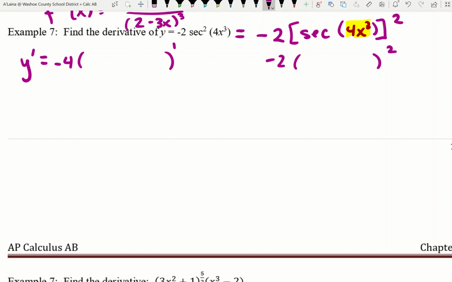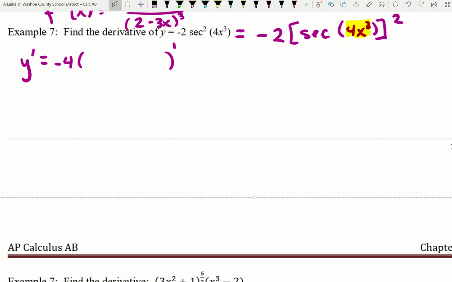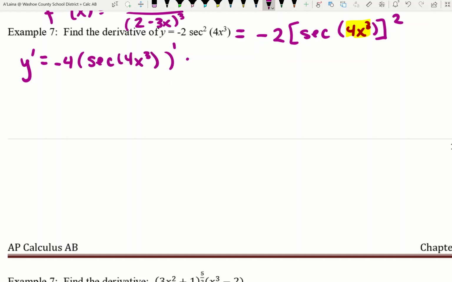Well, remember that you have to evaluate this derivative at the original inner function. And so at this point, the inner function, I have the entire inside here of secant of 4x cubed. Now I have to multiply this by the derivative of the next most inner function. So basically you're moving from the outside in.